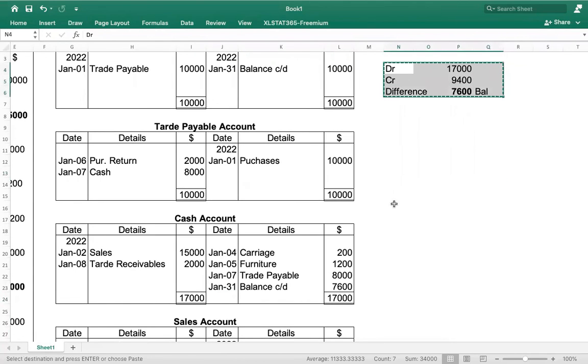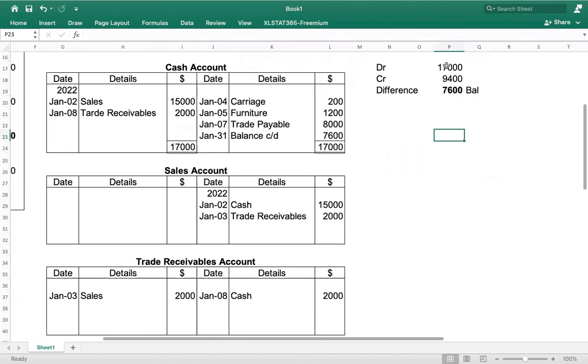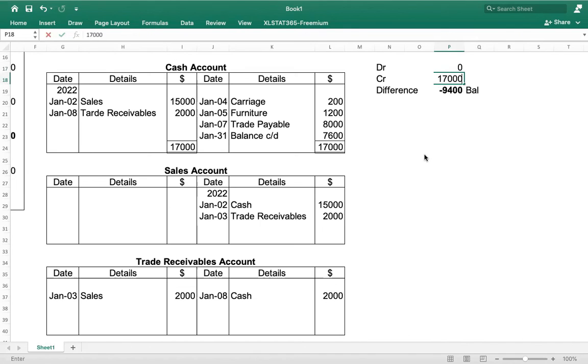Which is our next account? Sales account. Tell me the debit side total. Debit side is 0. Credit side 17,000. So the balance is how much? Here no negative, no positive. Difference is 17,000, but it is a credit balance because credit is more.